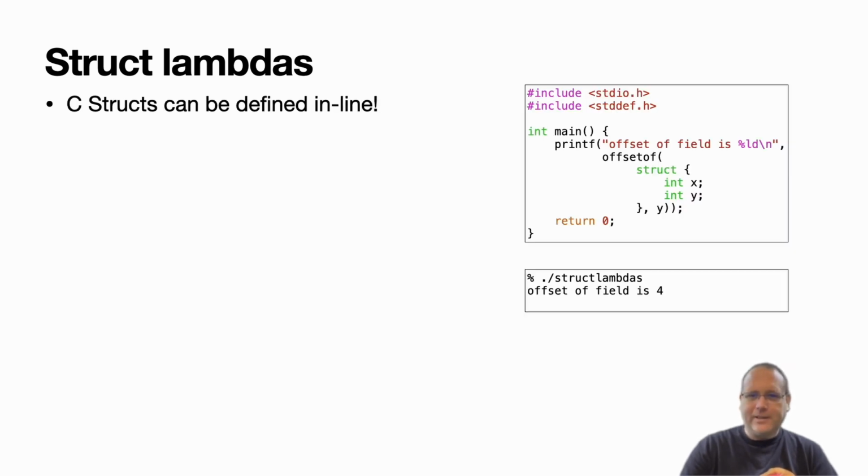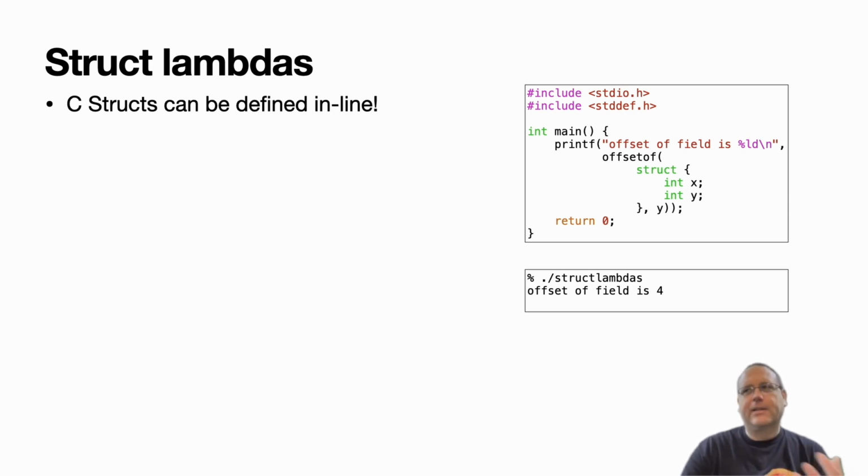However, look at C. C can actually do this. You notice this offsetof call is given a struct without any name, without any type test or anything. It's just an inline struct. And it says, tell me the offset of y in that struct, and it works.